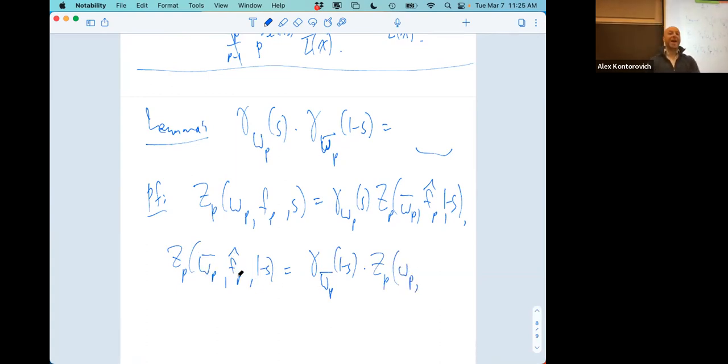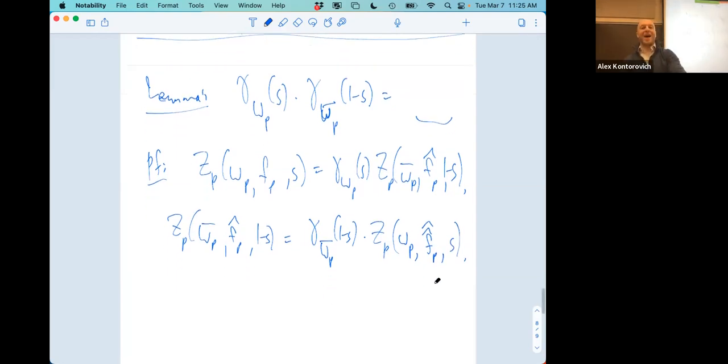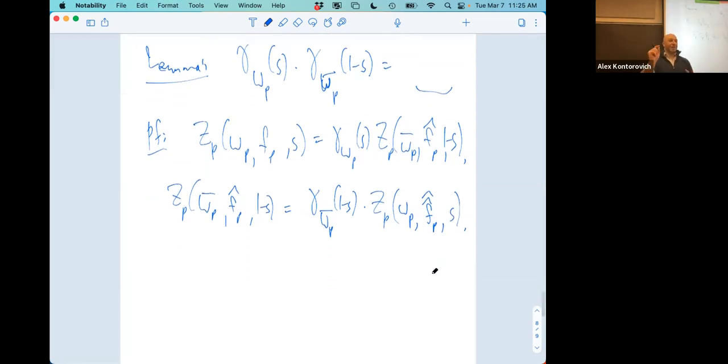I'm going to replace FP hat by FP hat hat. You normalized it so that that would be... No, I did not. I normalized FP hat with e to the 2 pi i. To invert, FP itself is the negative of that. So FP hat hat of X is actually F of negative X.